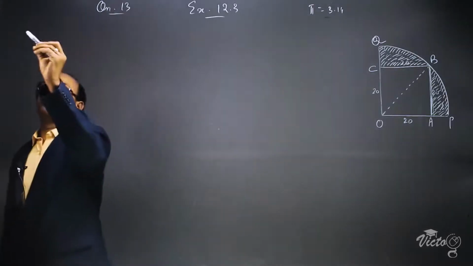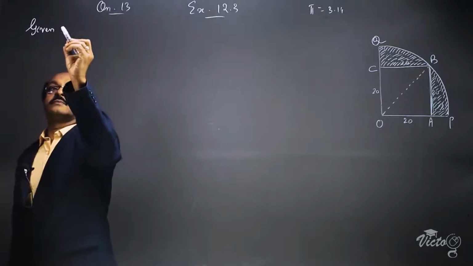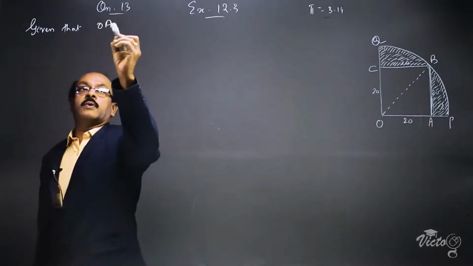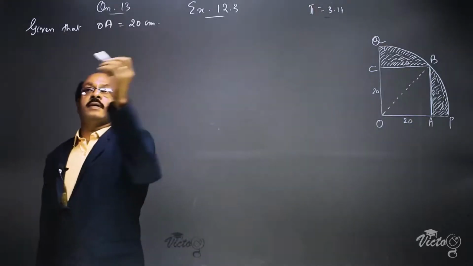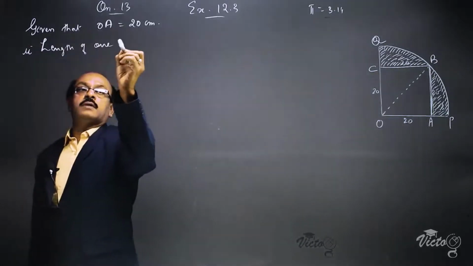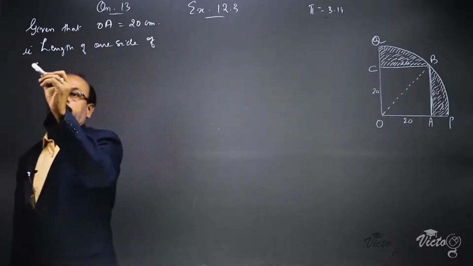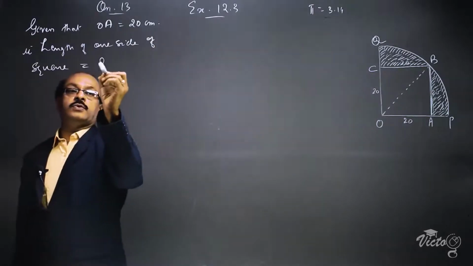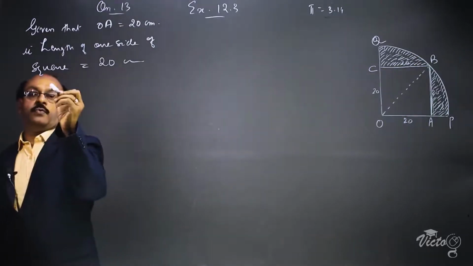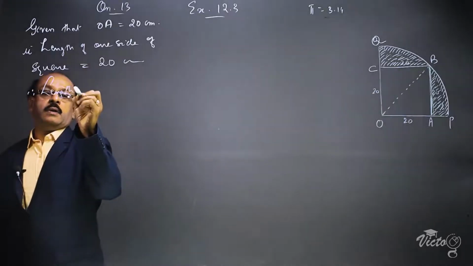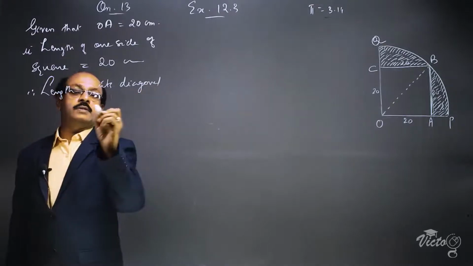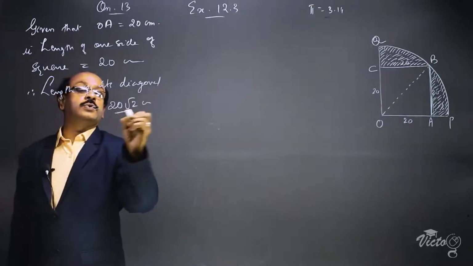Given that OA is equal to 20 centimeter, that is the length of one side of the square. Therefore, the length of its diagonal is equal to 20 root 2 centimeter.